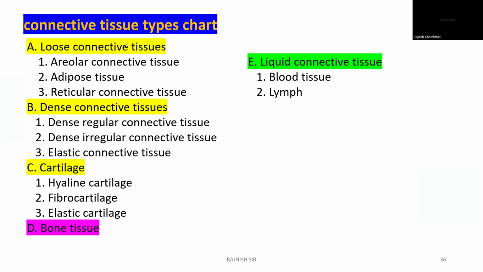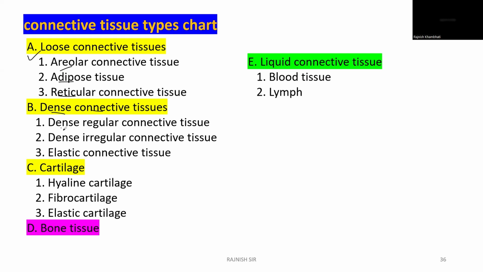There are types of connective tissue, like we call them loose connective tissue. And why do we call them loose? Because cells are loosely packed and fibers are also less. There is space between them. Examples are areolar tissue, adipose tissue, and third is reticular tissue. Then there is dense connective tissue. We call it dense because it is densely packed with the cells and the fibers. So much fiber is there.